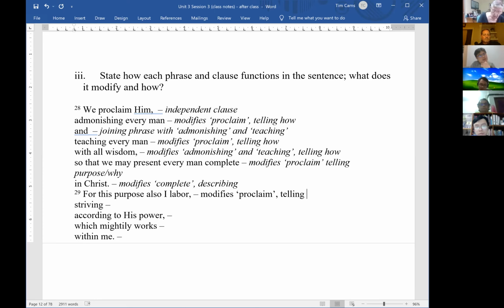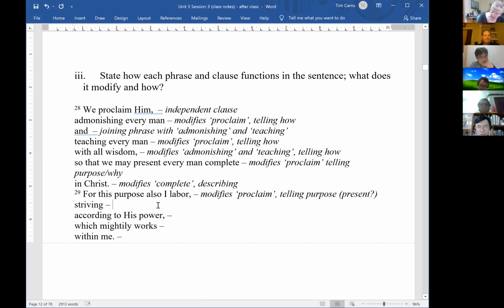We have the word purpose there. Okay, good. Modifies proclaim, telling us the purpose of proclaiming. Now, it's possible it could modify present. All right, so when you're doing the diagram, and when we actually look at the diagram, we'll see that.